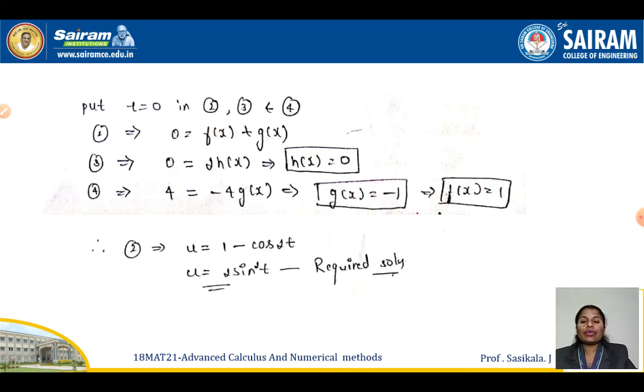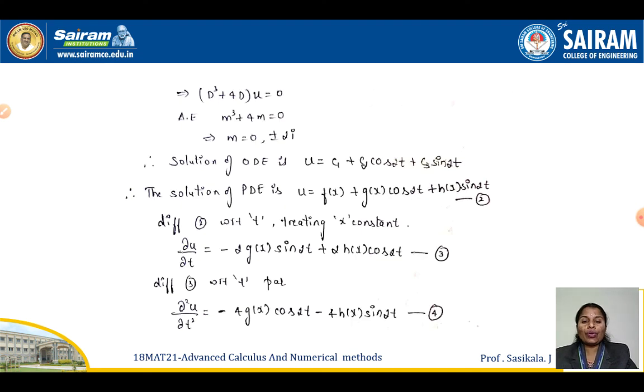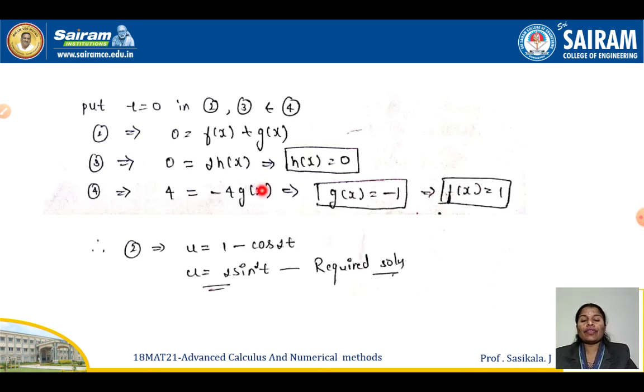Second one, 0 is equal to 2 into h, because the cos term alone will come. Here 4 is equal to minus 4 g of x alone, all the cos terms' coefficients alone will come. In the second equation, f of x is a constant, we have written it as it is. From this h of x is 0, from this g of x is minus 1. So replacing g of x as minus 1, f of x will be plus 1.